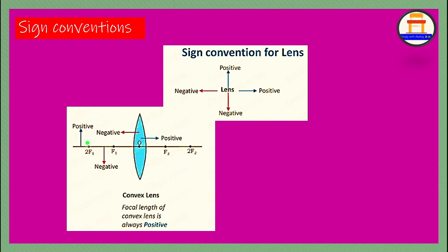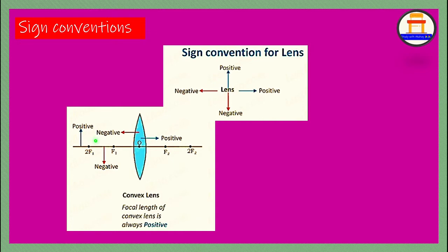Wherever the object is placed, if the object is placed towards the left side of the lens, then the size of the object will always be positive.